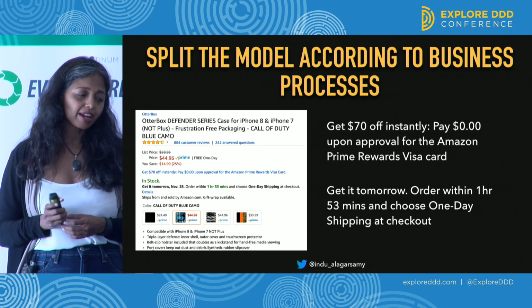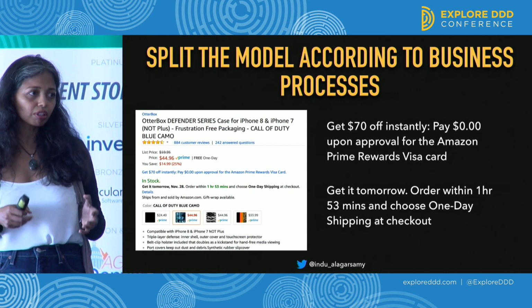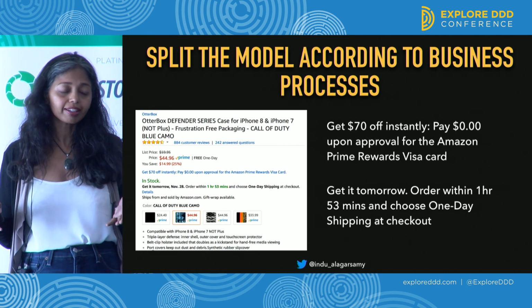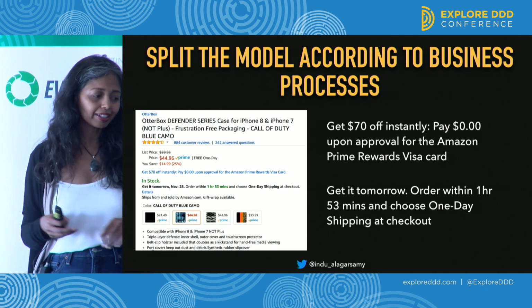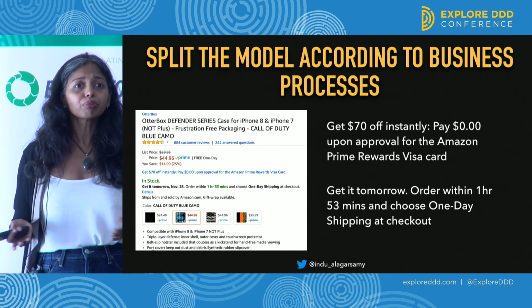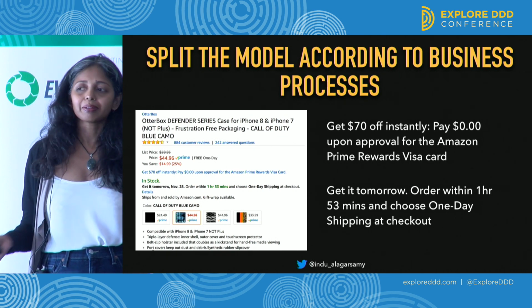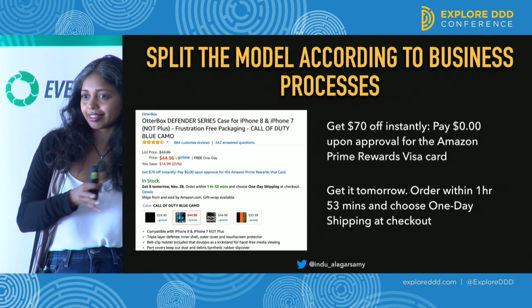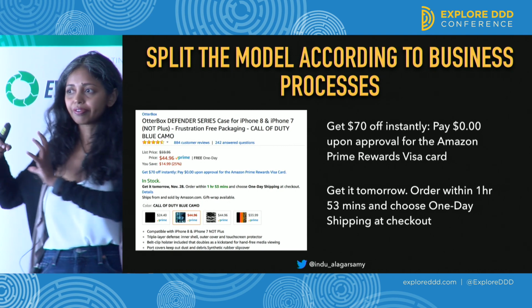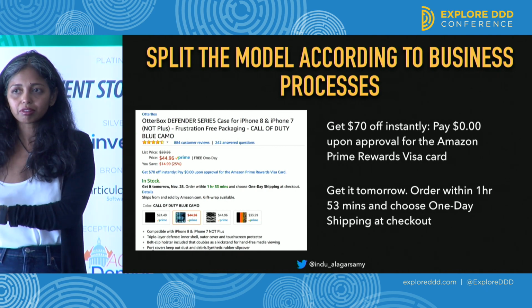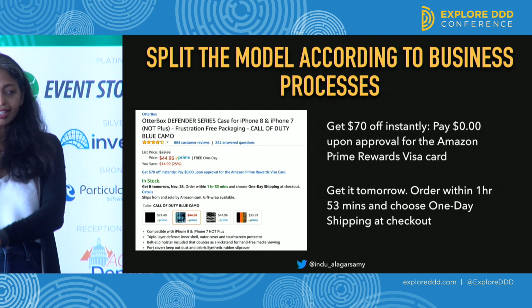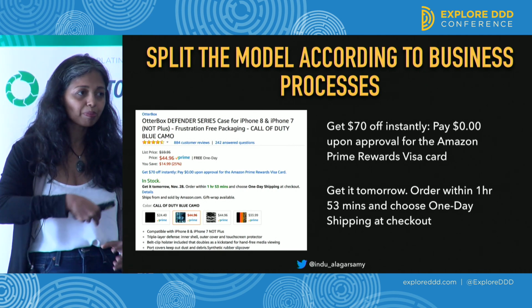So the other way is you could look at the actual business behavior or the business process that's happening. In this case, if you apply for Amazon Prime, you're going to get some magic discount. So there's some process, like a credit card process, and if you apply, that discount gets fed back to shipping.